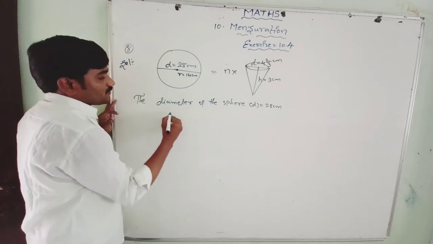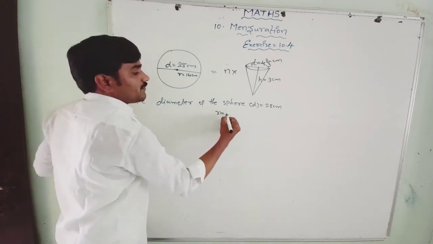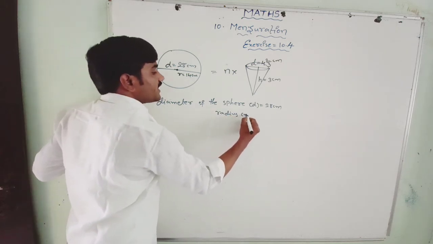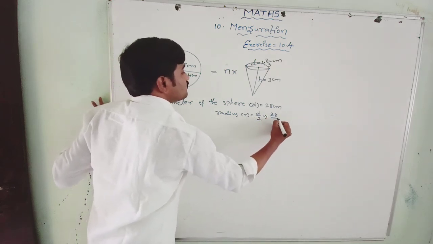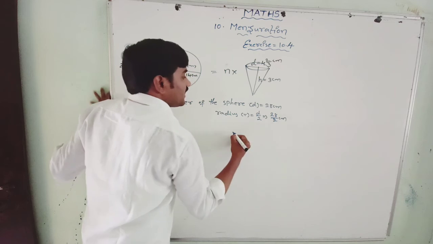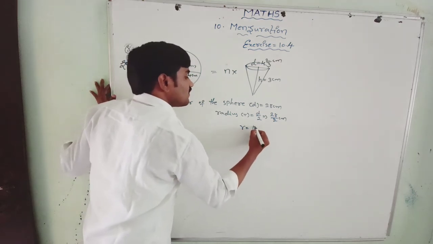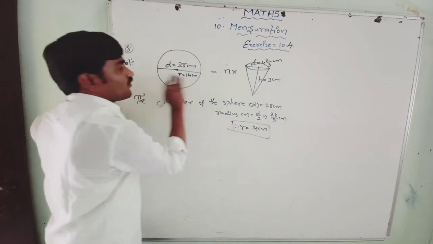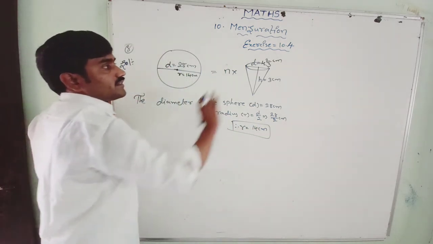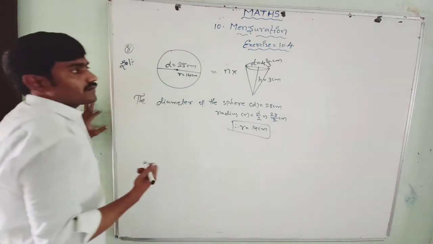Then the radius, we know R equal to D by 2, nothing but 28 by 2 centimeters. That gives us radius equal to 14 centimeters. The radius of the sphere is 14 centimeters. Then the dimensions of the cone.